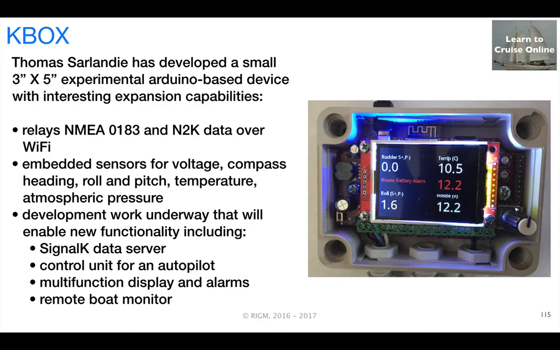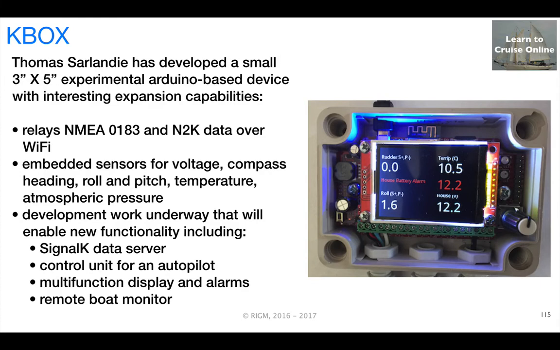KBox is a project driven by a gentleman named Thomas Sarlandi, and it's a small 3 by 5 inch Arduino-based device which has very interesting expansion capabilities. It relays NMEA 0183 and N2K data over Wi-Fi. It has a number of embedded sensors for voltage, compass heading, roll, pitch, temperature, atmospheric pressure, and so on.